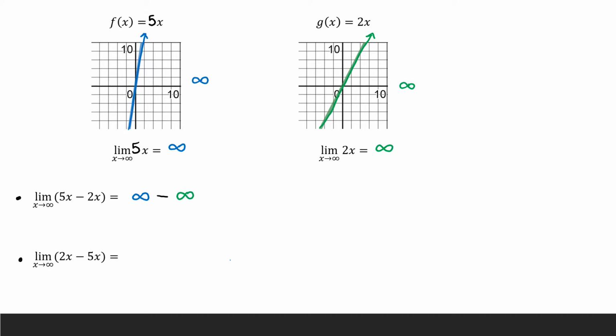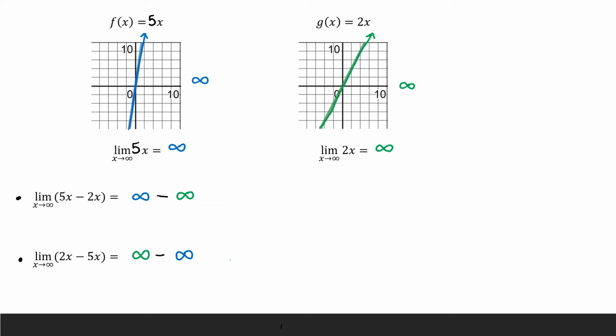And if we look at the limit as x approaches infinity for the quantity of 2x minus 5x, we can also split this up with limit laws. So we have the limit as x approaches infinity of 2x, which is infinity, minus the limit as x approaches infinity for 5x, which is also infinity. So we get another infinity minus infinity. But not all infinities are the same infinity.